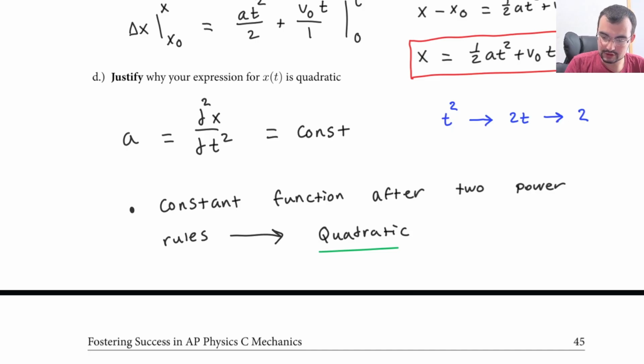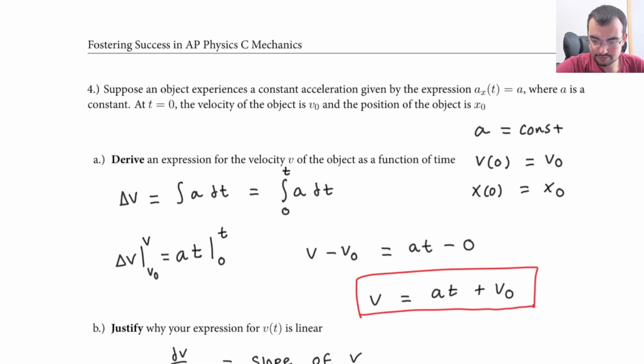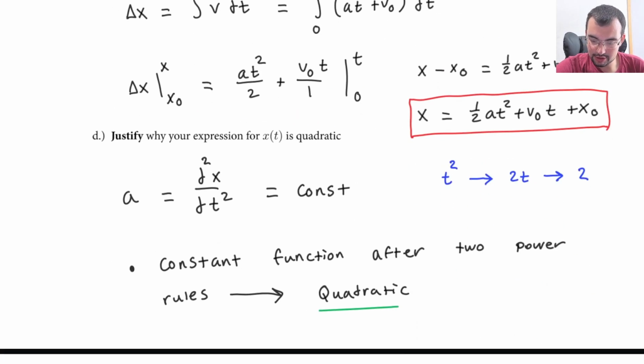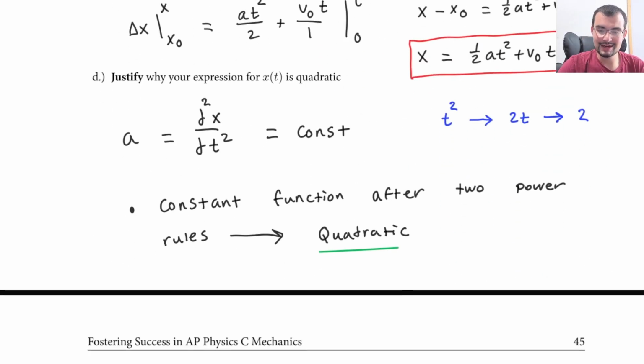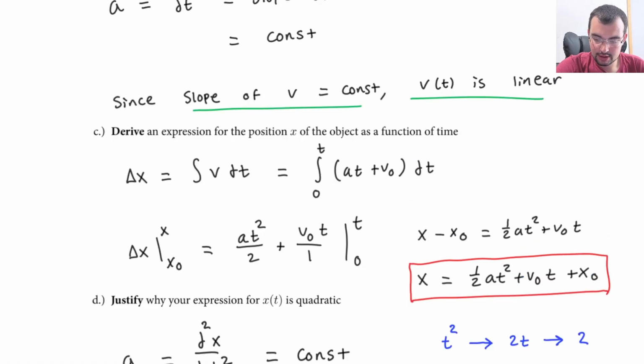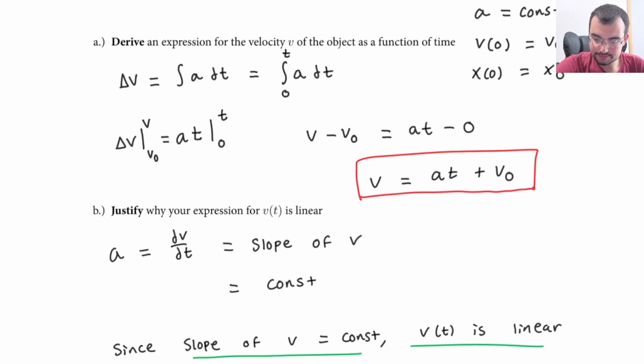So see that after two derivatives of a quadratic, we get to a constant. So that's how you could have figured that out. So if instead of constant acceleration, you had acceleration that was linear, well, then you'd end up with a cubic. So we can just realize that it's sort of 2 powers away. So this is less straightforward, I think, than the others, but this is an important result to do.